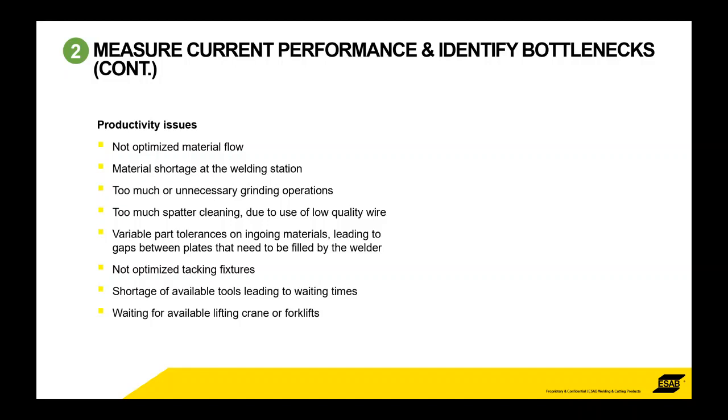Tacking fixtures that are not optimized, or an easy thing such as a shortage of available tools, leading to the operator needing to wait for them to be available, or waiting for other things like lifting cranes and forklifts. So these are things that you can look for at the production floor.